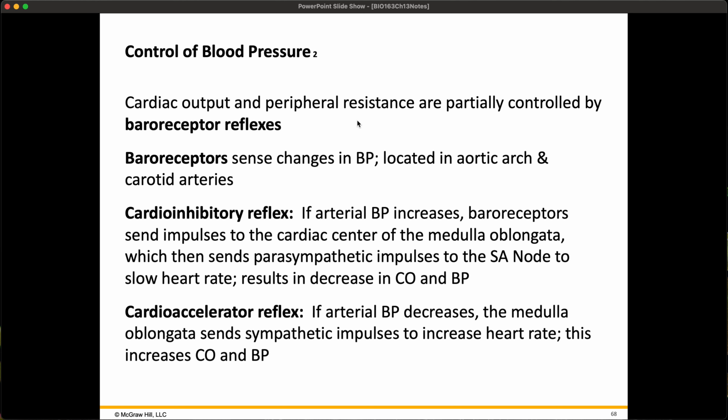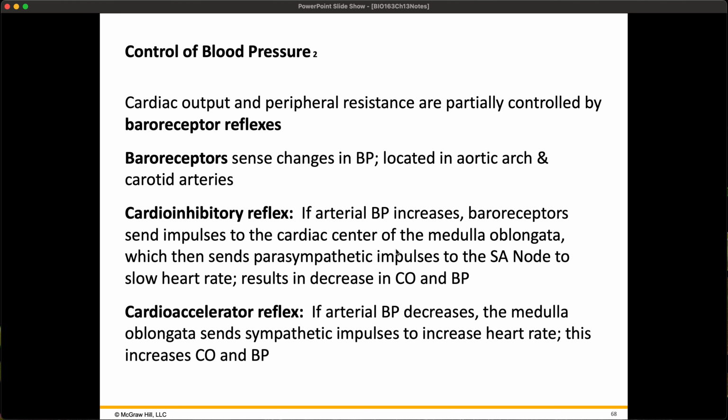Cardiac output and peripheral resistance are partially controlled by baroreceptor reflexes. So baroreceptors sense changes in blood pressure in the aortic arch and carotid arteries, and, as we saw, they send signals to the medulla oblongata. That can initiate the cardioinhibitory or cardioacceleratory reflex. If arterial blood pressure is increasing, those baroreceptors are going to detect it.